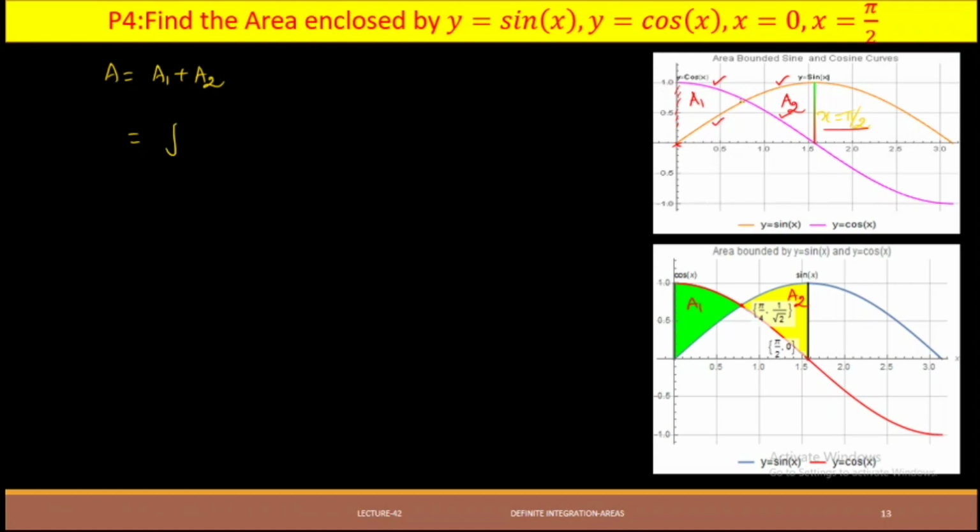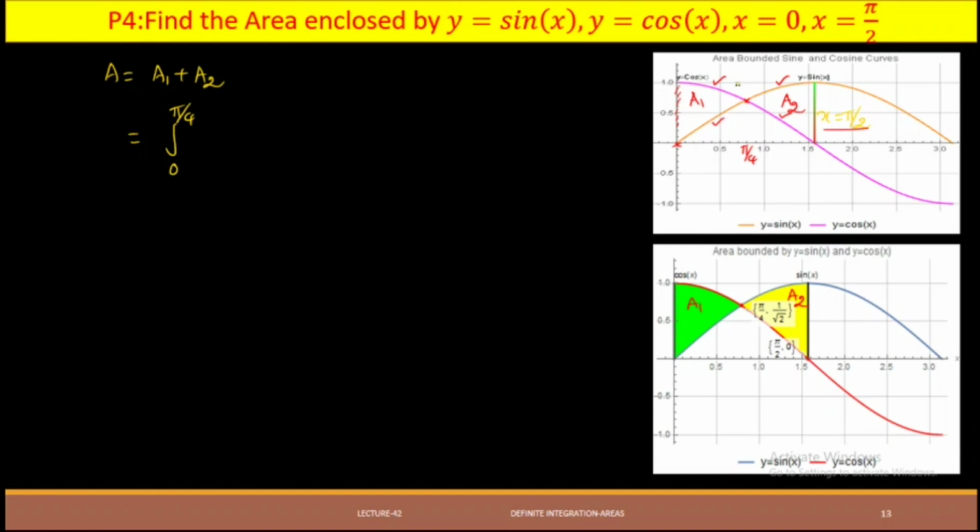Integral. The sin x curve and cos x curve intersect in the interval 0 to pi by 2 at pi by 4. So at pi by 4 I have to separate the integral. So that is 0 to pi by 4.